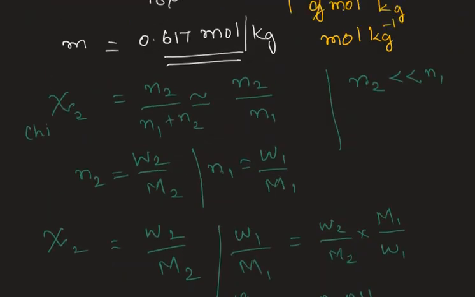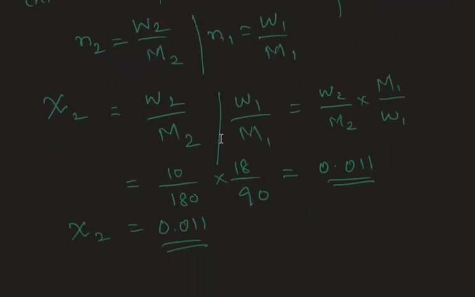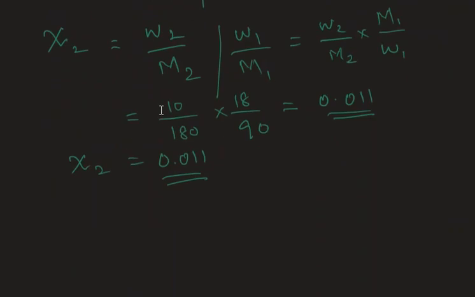Now present the answer effectively. That is very important. So always you have to neatly present the answer. Okay, so what is the molality? Finally, you have to write the answers.